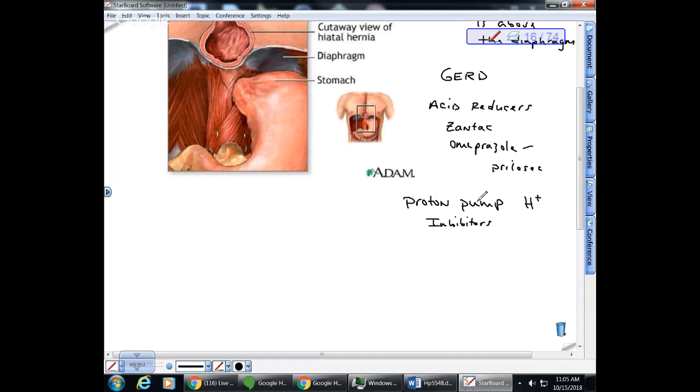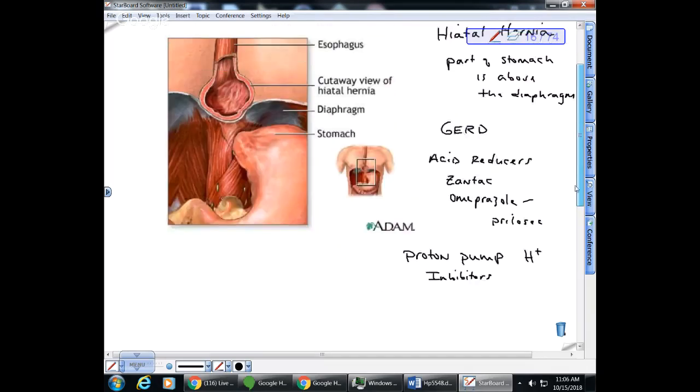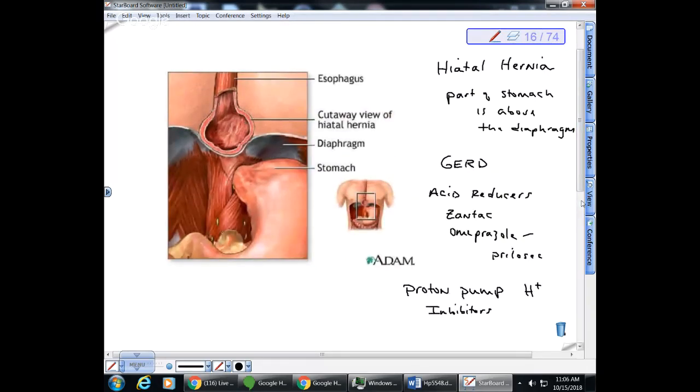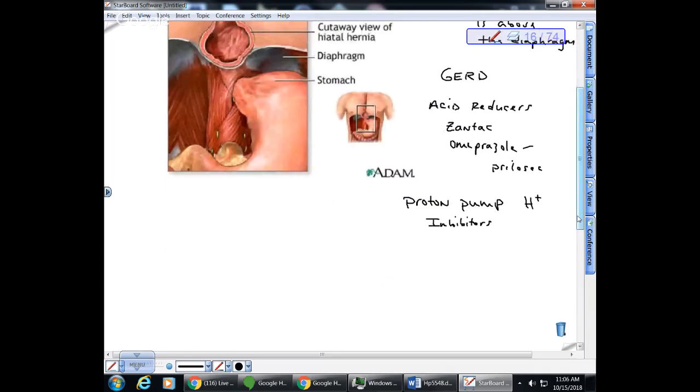So the downside to these proton pump inhibitors is that you're not able to digest things as well, specifically like protein. And also, you're probably going to get sick more often from foodborne illnesses that are caused by bad bacteria, like E. coli, right? But the upside is that you're not going to have damage to your esophagus. So what would happen in the past before these is that the esophagus would get so damaged that you would get esophageal cancer.